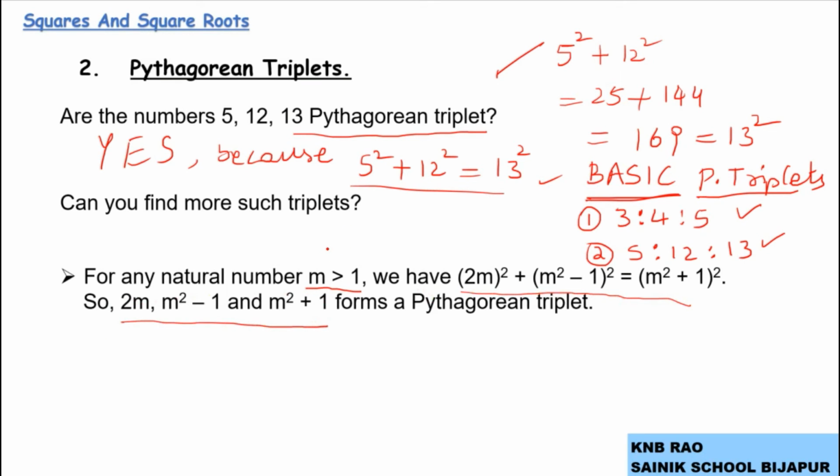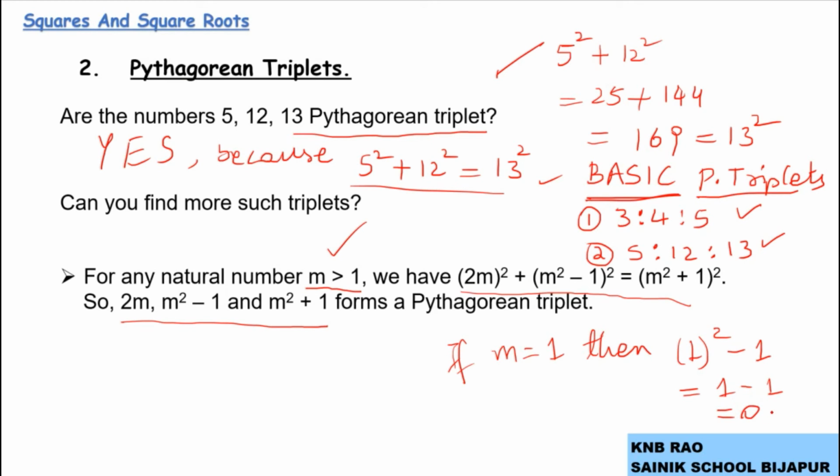But for m more than 1, do you know why m should be more than 1? It is very simple. If m is equal to 1, then one of the Pythagorean triplet members becomes 1 square minus 1, which is nothing but 1 minus 1, which is nothing but 0.